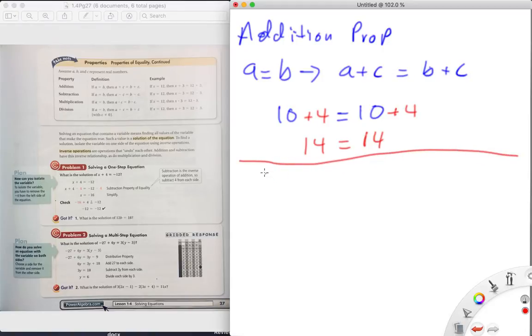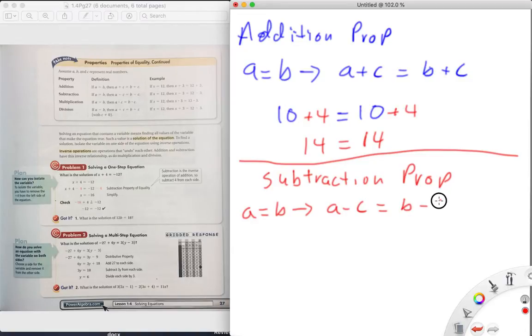We also have the subtraction property of equality, which is very similar to the addition property. And that says that if I have A equal to B, then A minus C is equal to B minus C. So if we have the same situation, 10 is equal to 10.